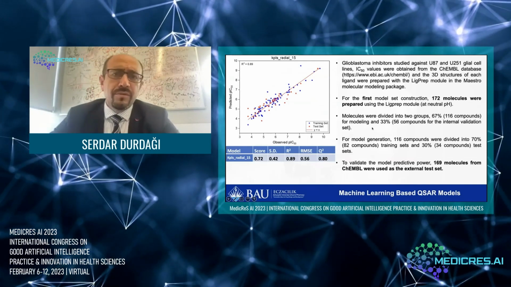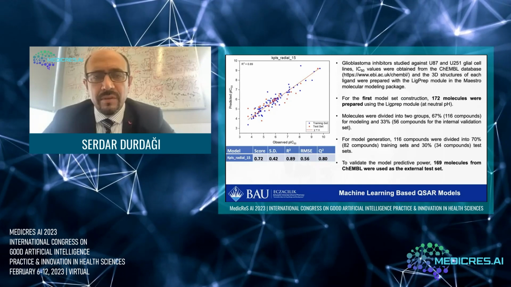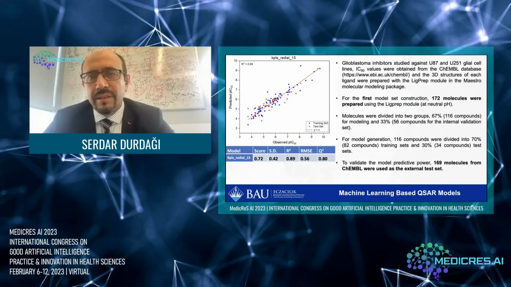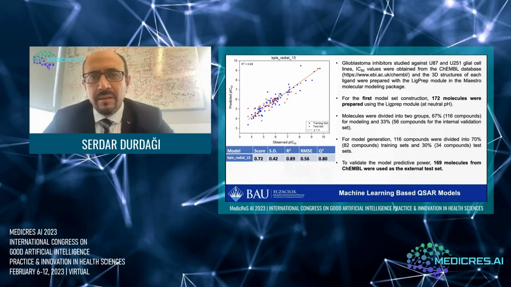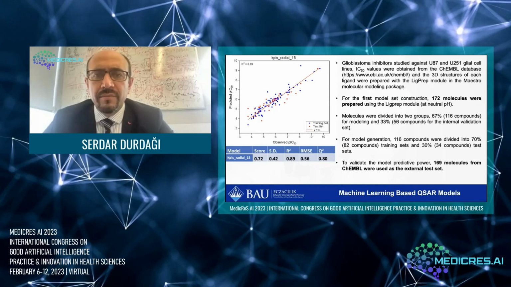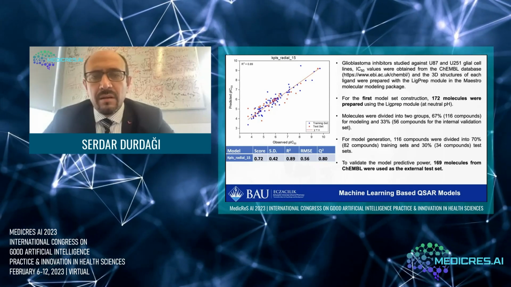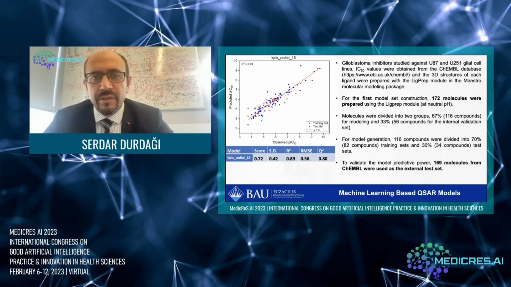So the first model that I would like to mention is the cell line-based model, where we used U87 and U251 glial cell lines. The data we received from the ChEMBL database, IC50 values and their corresponding structures.